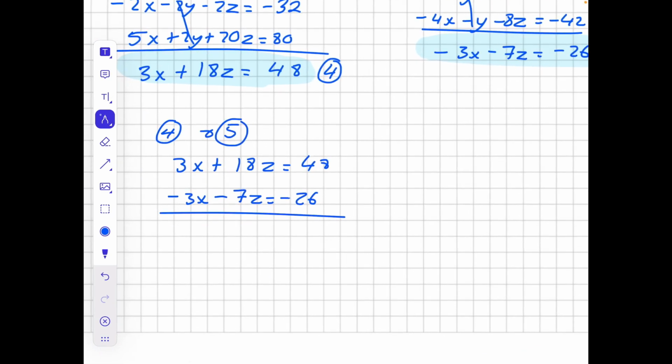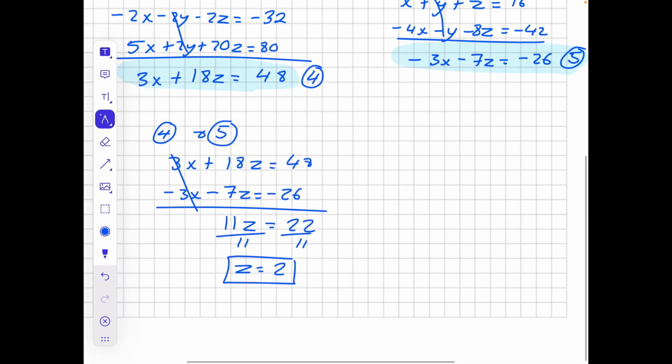Now this is, I guess, best case scenario. We actually don't have to do any work here, the x's cancel by themselves. We're just left with 18z minus 7z, that is going to give me 11z, is equal to 48 minus 26, which gives me 22. Divide both sides by 11, z is equal to 2.